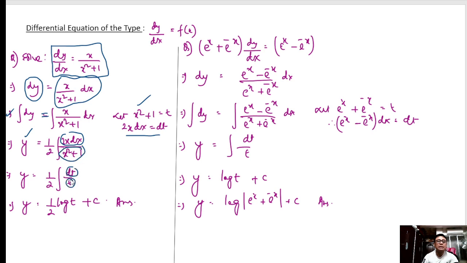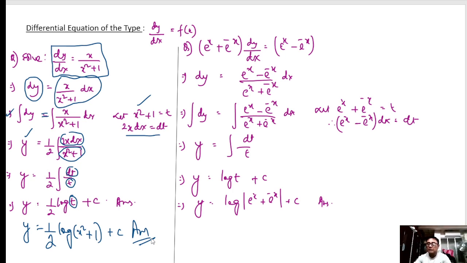Integration of 1 by t is log t. Now replacing the value of t, it is half log of x square plus 1 plus c. So this is the final answer of the differential equation.